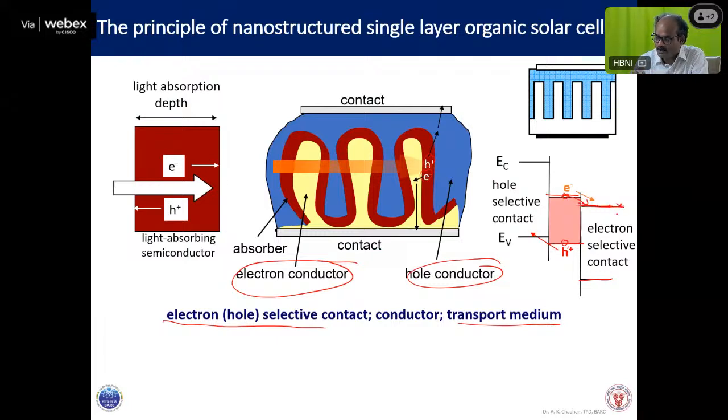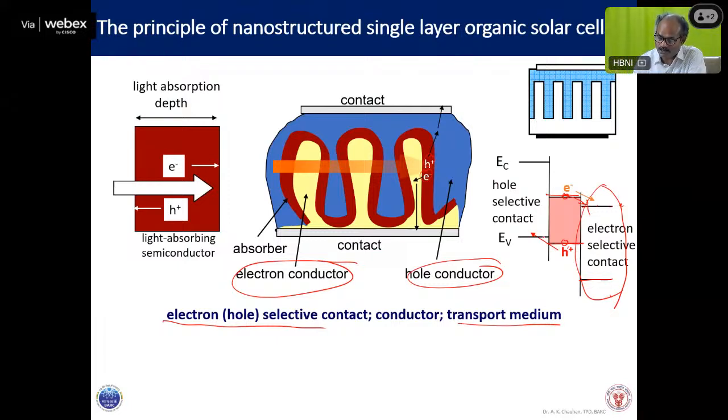However, the hole requires a lot of energy to move from here to here, and therefore the hole will not move through this material. So this material is called an electron selective contact or electron conductor, and it is also called an electron transporting material.